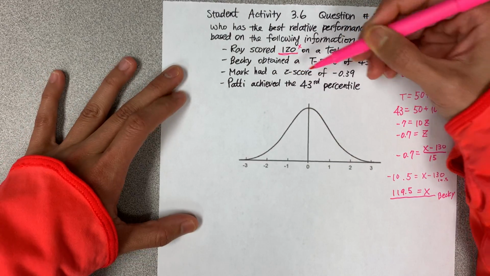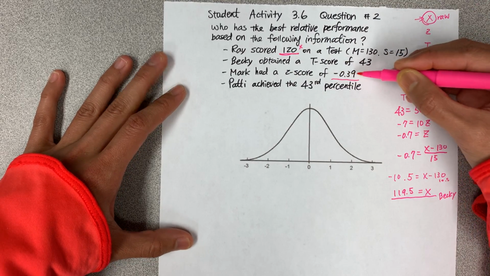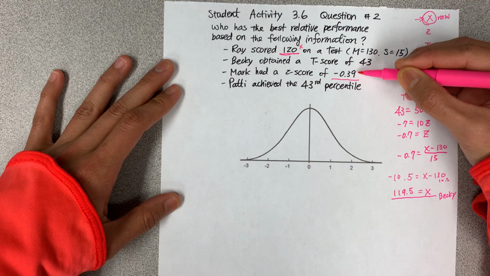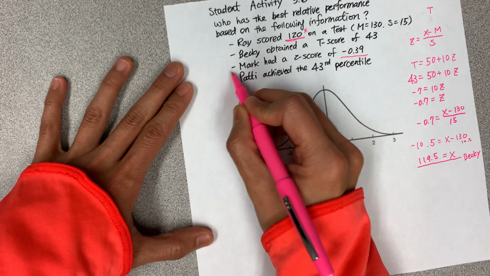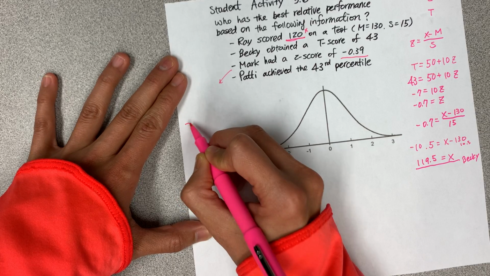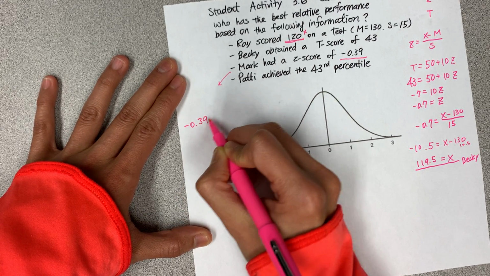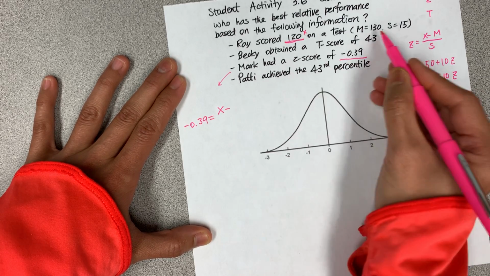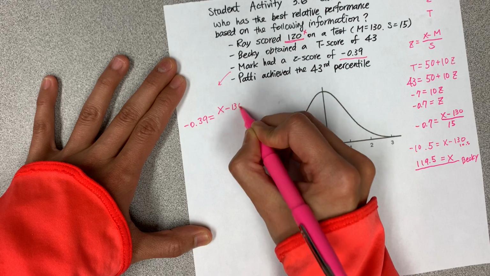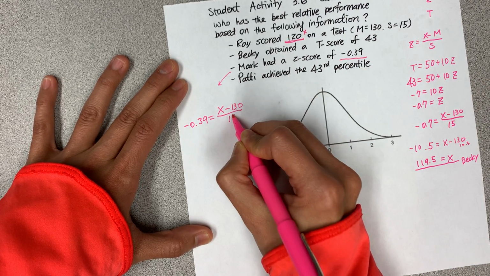Okay, let's do Mark. For Mark, I know Mark's z-score is -0.39. So I'm going to use this equation. -0.39 equals x, which I don't know and am trying to find, minus the mean of 130, over 15.